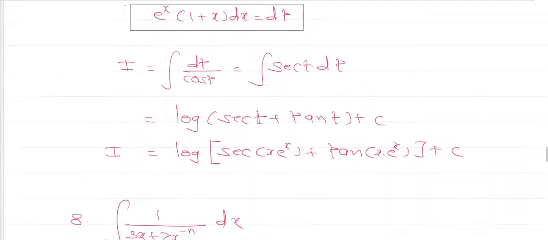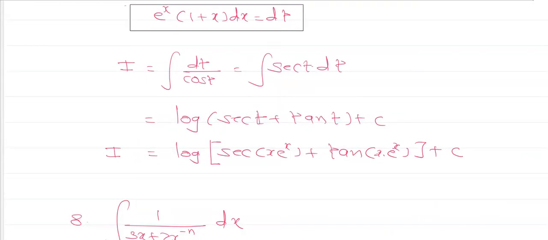Now again we know the integral of sec of t, which we have just derived. The integral of sec of t is log of sec of t plus tan of t plus c.